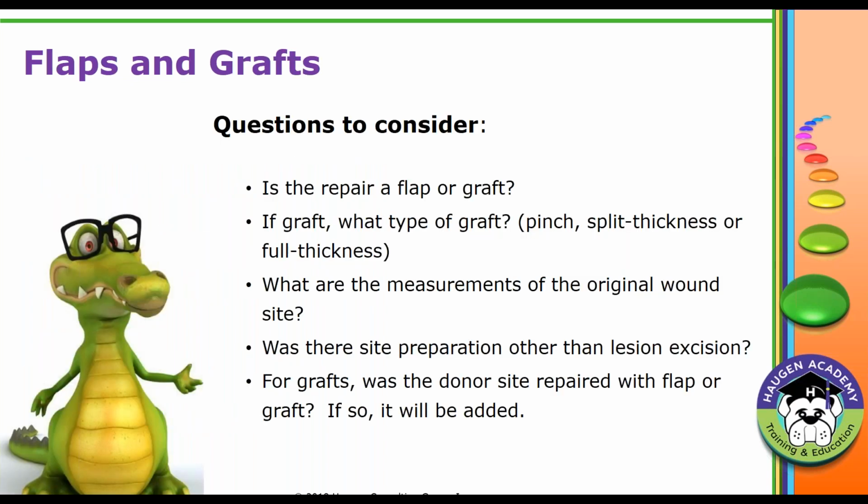So for flaps and grafts, we've only talked about flaps, but these are questions to consider. You're going to need to know, is the repair a flap or a graft? If it's a graft, you need to know what type of graft. If it's a pinch, split thickness, or full thickness graft, you'll need to know the measurements of the original wound site.